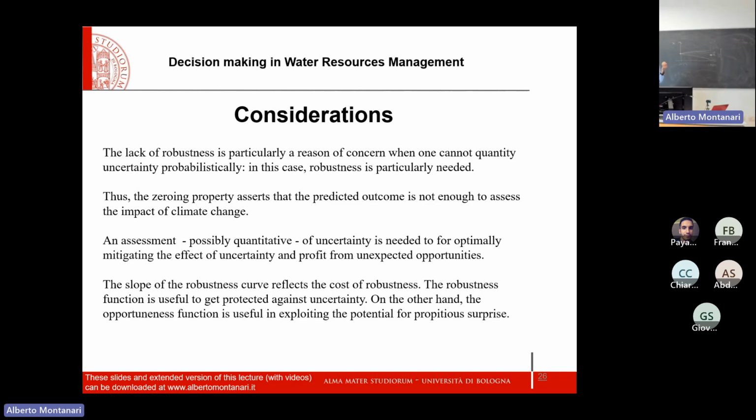So I'm making these considerations because what I want to say is, when you have a reliable estimate of uncertainty, you may adopt different approaches, because if you have outcomes that are very unlikely, then they probably shouldn't be considered.